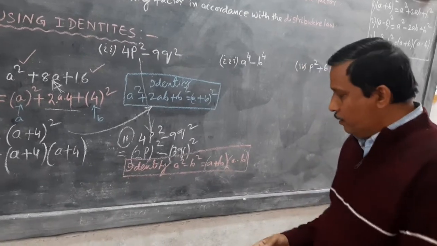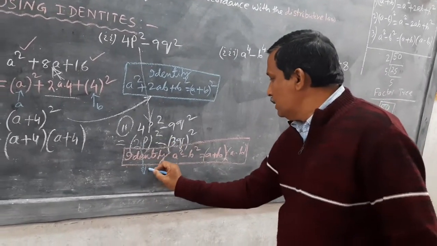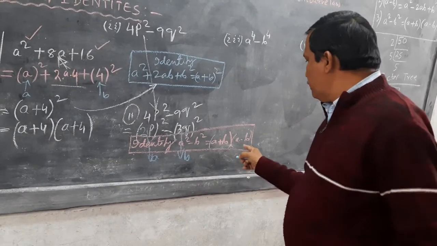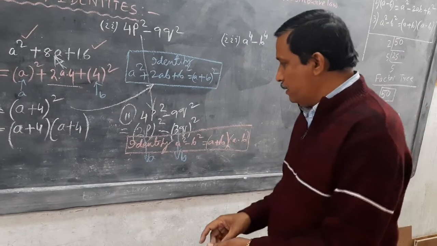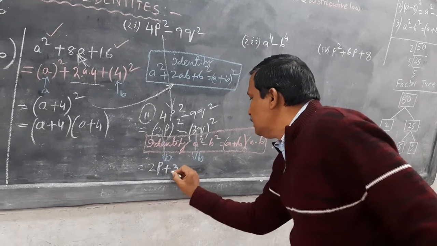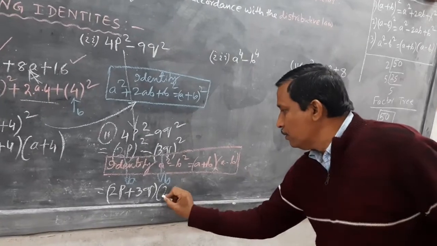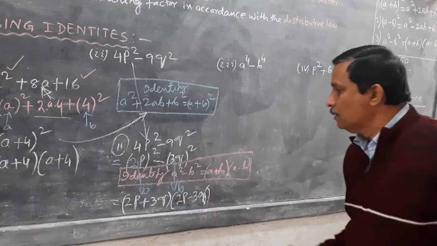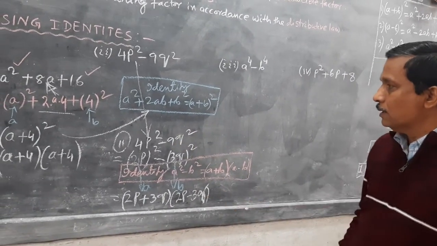So now you see here, this is the a value, this is the b value. So the formula is (a plus b) into (a minus b). So automatically you can write here (2p plus 3q) into (2p minus 3q). Clear? So this is the factorization of 4p square minus 9q square.